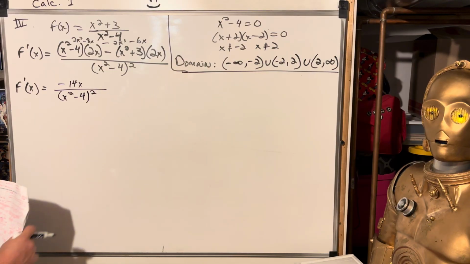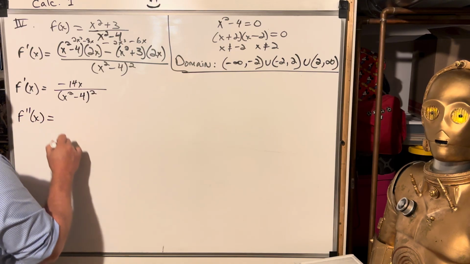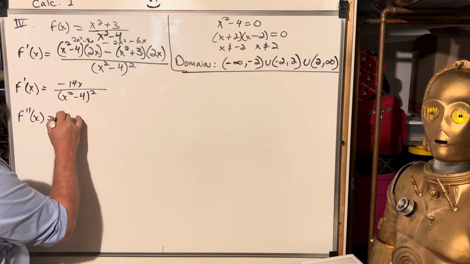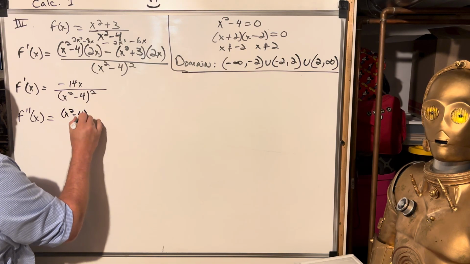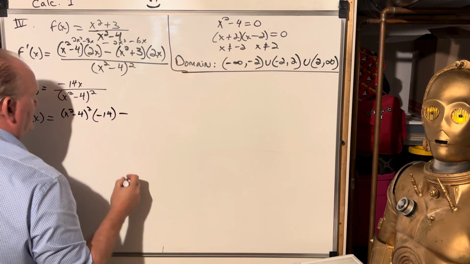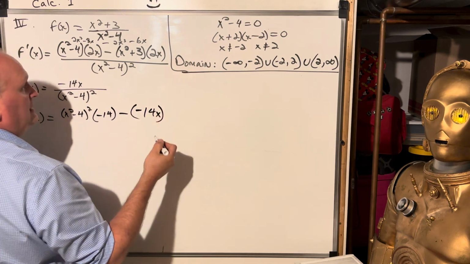Lovely. Let's find the second derivative. And again, we're going to do the quotient rule. So what is that? Low D high. Low derivative high minus high D low.